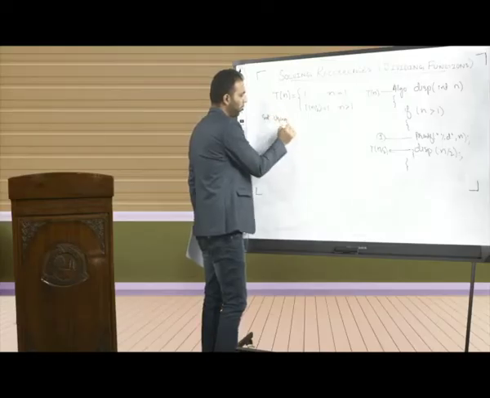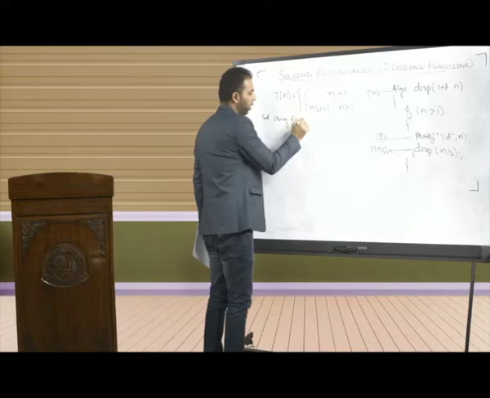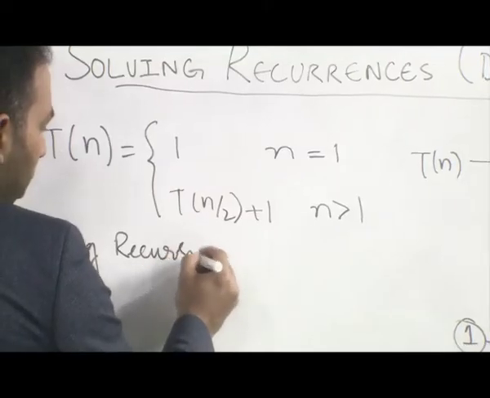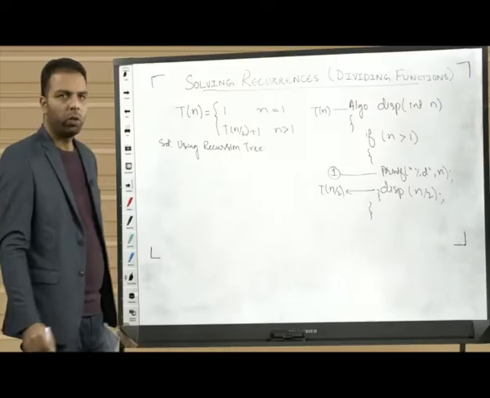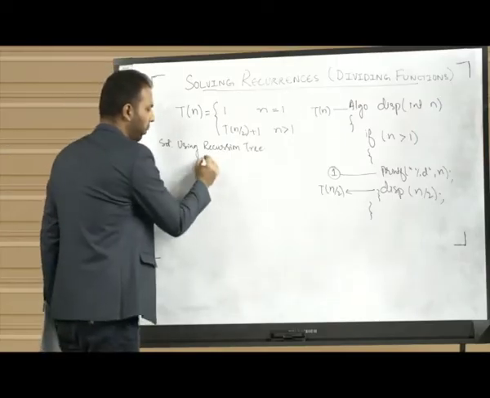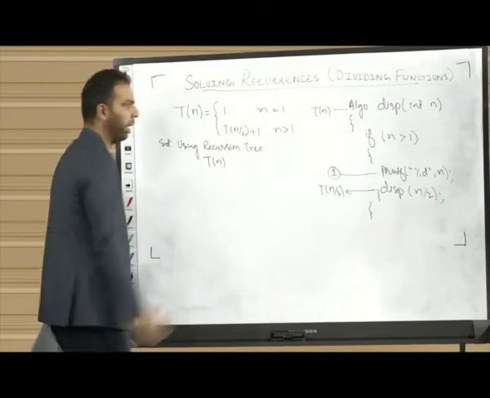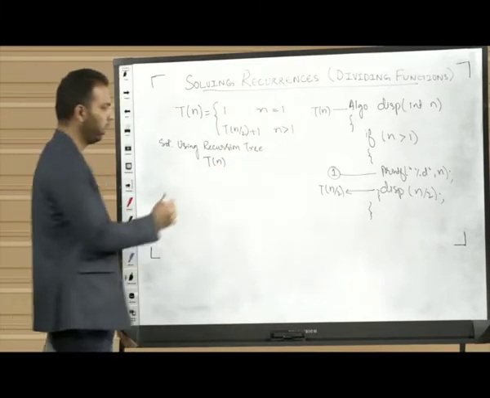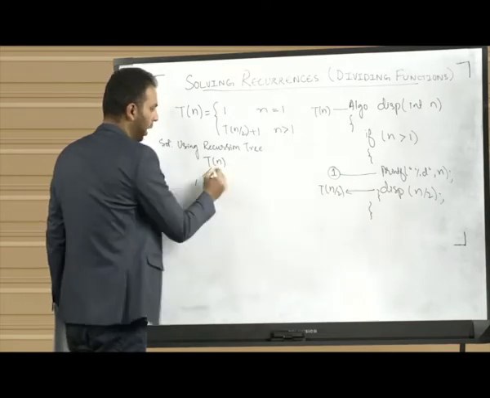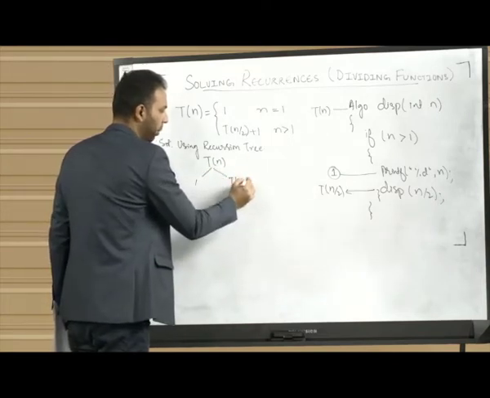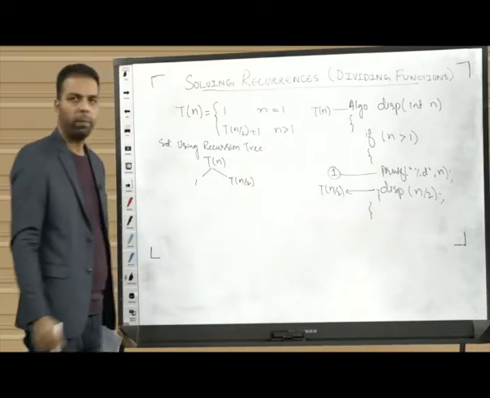Using recursion tree. We will take the initial problem, that is T(n). It will print the n value and call T(n/2).